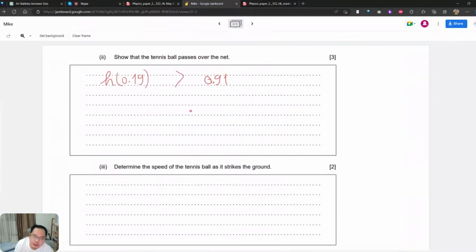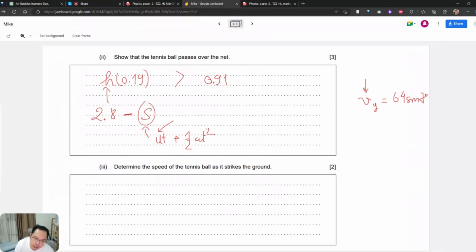This height of the ball is calculated by the initial height, 2.8 meter, subtract the distance s that the object falls in 0.19 second. This distance s is calculated by the formula ut plus 1/2 at squared, where u is the initial vertical velocity Vy, which is 64 times sine of 7 degrees.